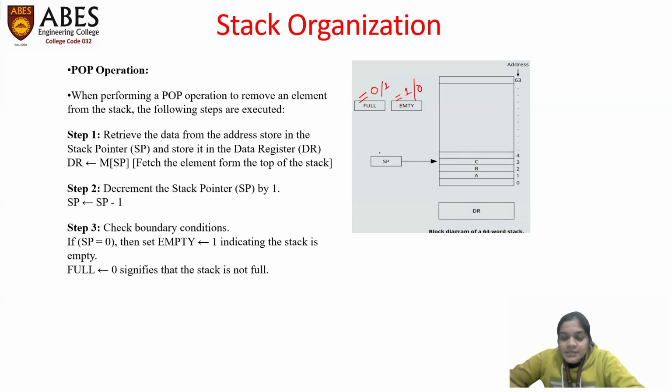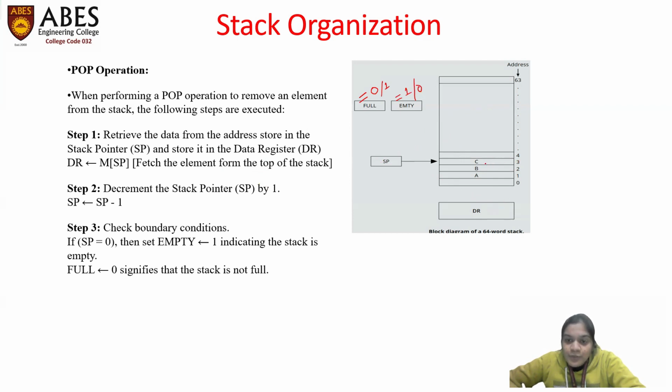Now, let us understand the steps that are performed during the pop operation from the stack. When the data has to be deleted from the stack register inside the CPU organization, first, we will transfer the data to the data register.